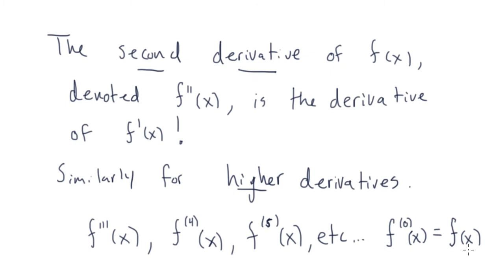So acceleration is the second derivative of position, and it tells us how the velocity is changing. So again, we'll get into these ideas more later, but we do just want to explicitly say what the second derivative is. So if I want to find a second derivative, I just have to find the first derivative, and then take that function and take the derivative again to get the second derivative.